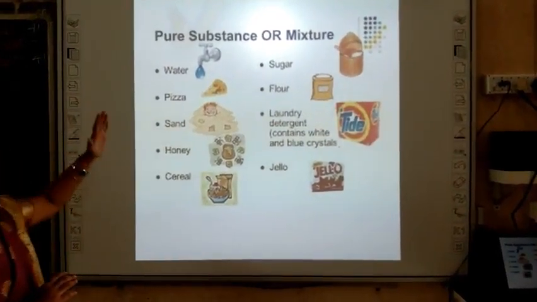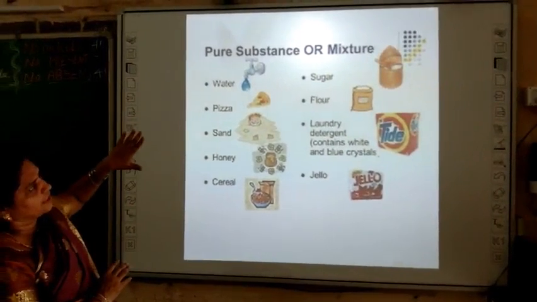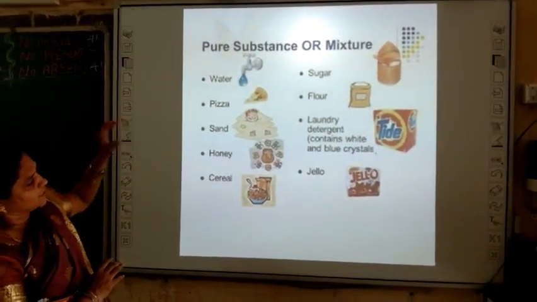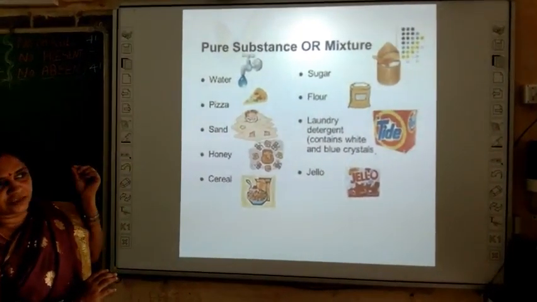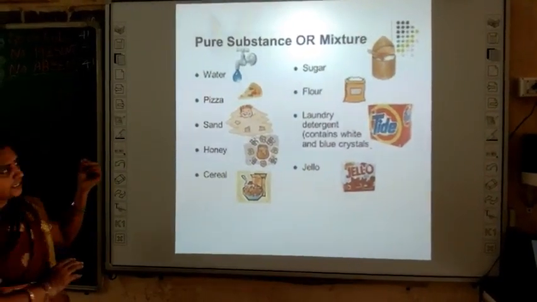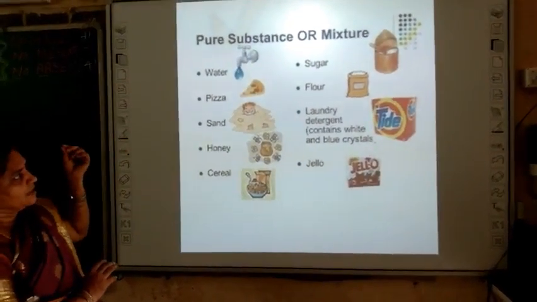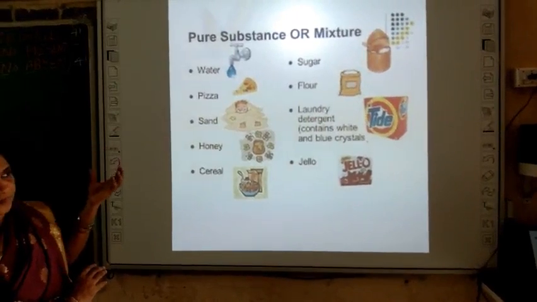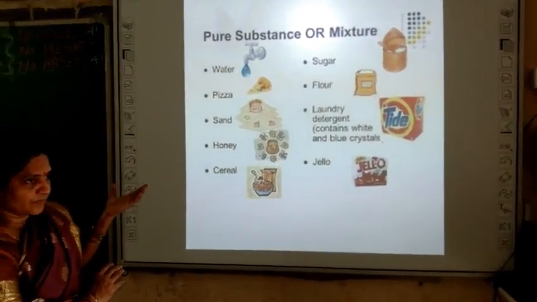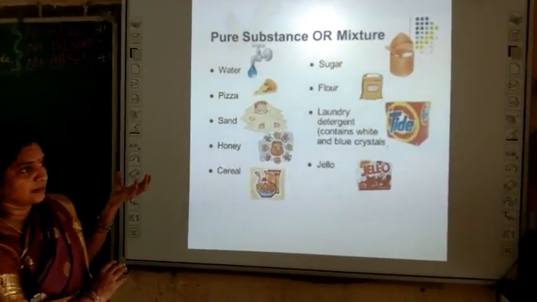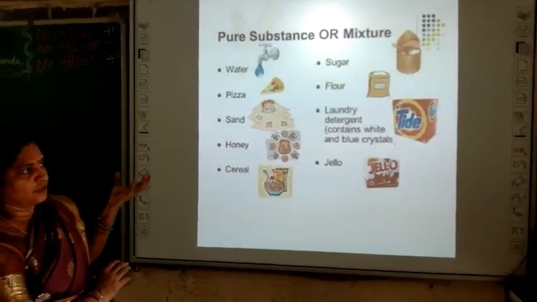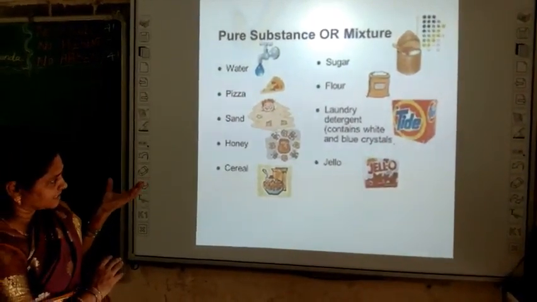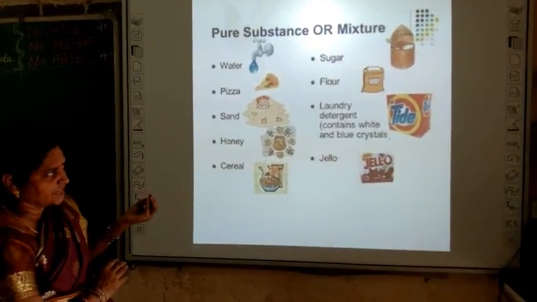What do you see in the pictures here? Water in the liquid state. Next, pizza, solid state. Sand, solid state. Honey, that is also a gel-like substance. Next is cereals, they are solid in state.